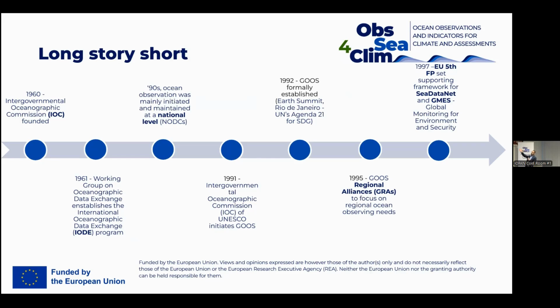If we start with the International Oceanographic Commission in the 1960s, then we have the IODE soon after. Then we have the implementation of GOOS that started shaping a better global approach to observation. In 1995, we have the Regional Alliances that were moving the focus to regional applications.